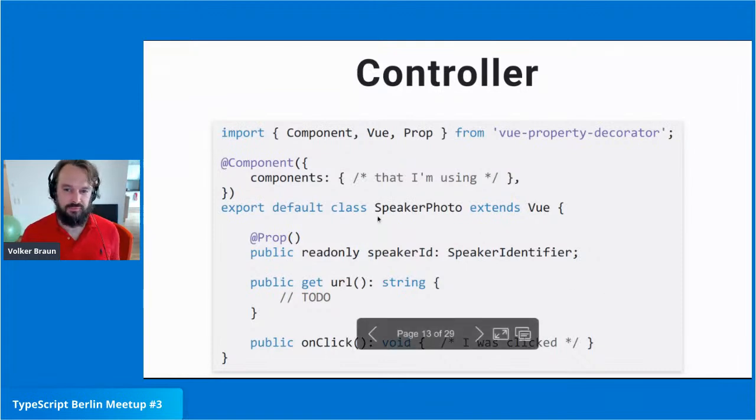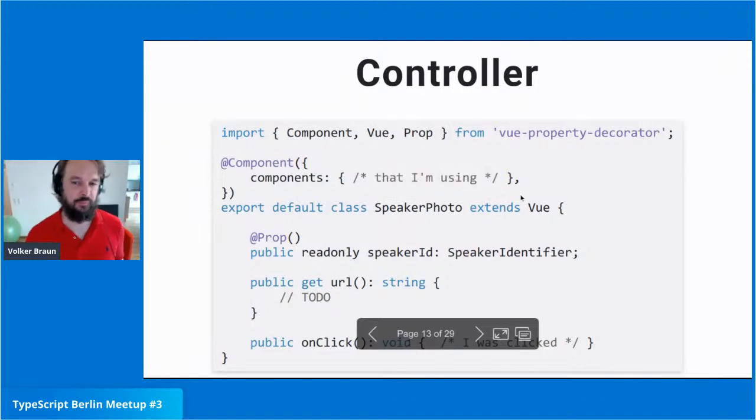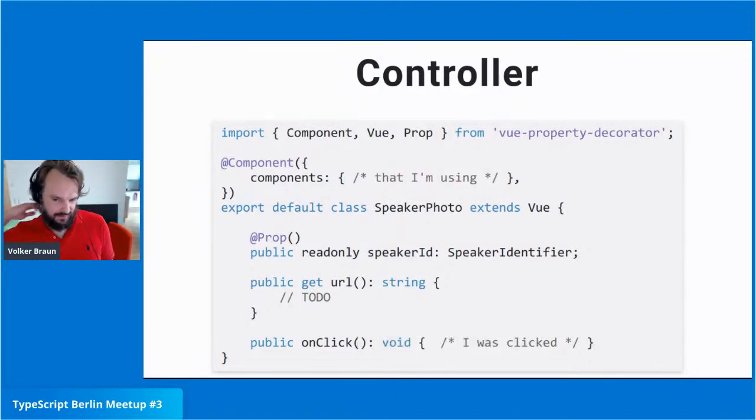And of course, there's @Component, which tells you already that this is a component. Components may or may not use other components. If you use other components, then you have to declare your dependencies, so that later on you can figure out who uses what.